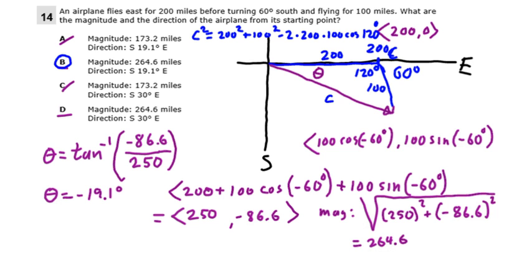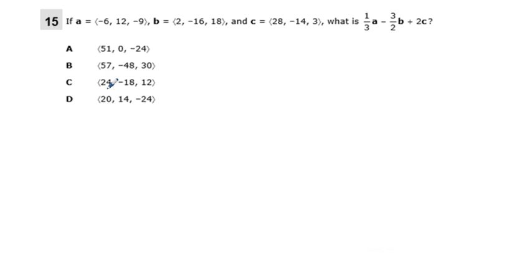Let's go to the next problem, 15. This one here is kind of a monstrosity also, but just as we remarked on that earlier problem, using scalars, we can look at this too. We have all these different terms. So we can say 1/3 of A is equal to 1/3, and we'll just take the A value here of -6.